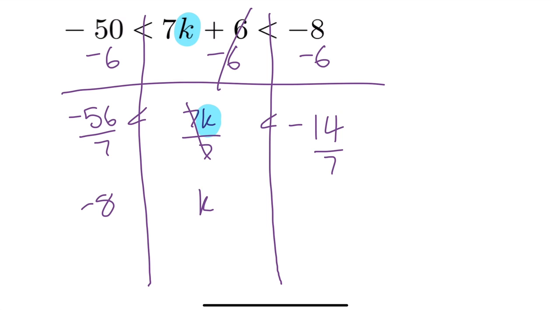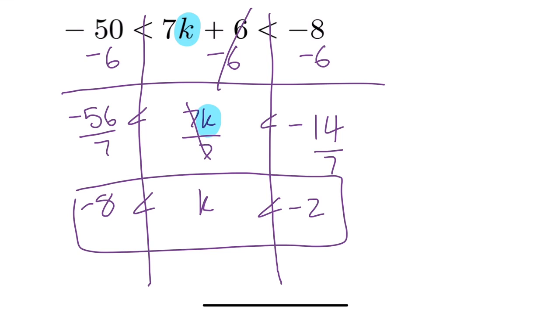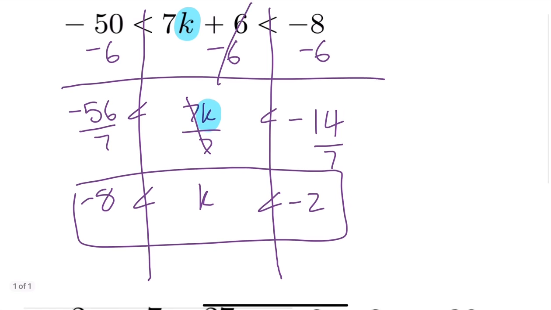And then negative 14 divided by 7 is going to be negative 2. Boom. And that is going to be our answer for us now that we have k alone. Negative 8 is less than k, which is less than negative 2. Okay. Moving right along to the next one.